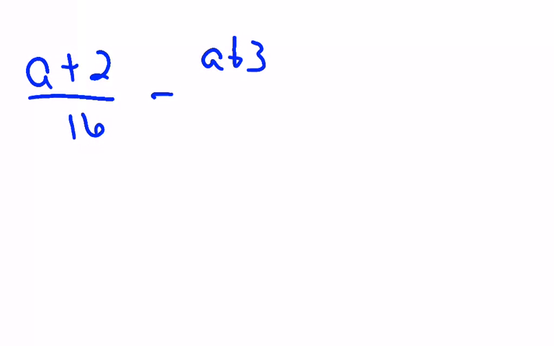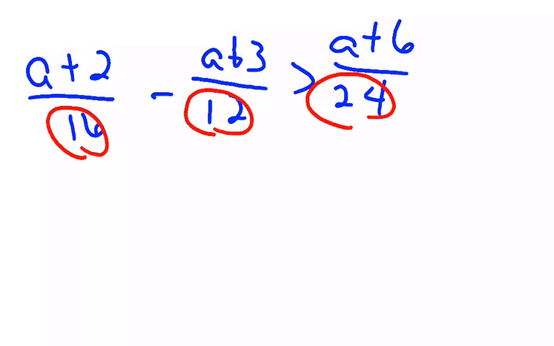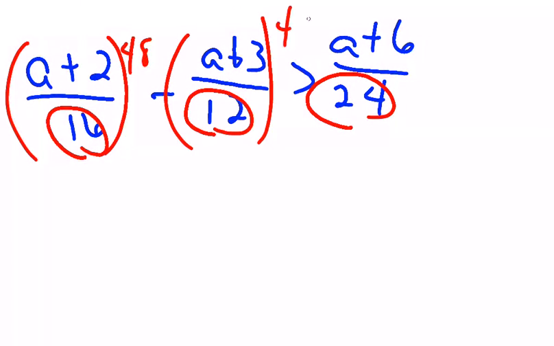Last example, (a + 2)/16 − (a + 3)/12 > (a + 6)/24. So again, we look at all of our denominators and we need a common denominator between all of them. And that would be 48. So we want to multiply everything by 48.